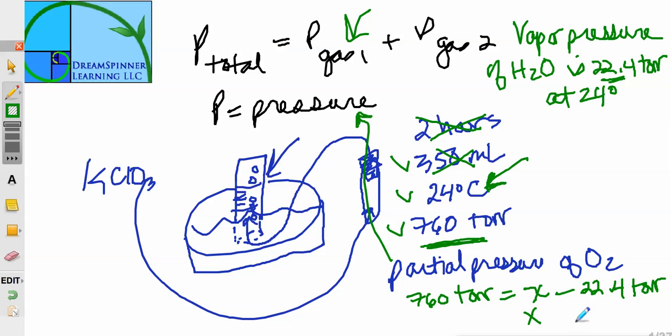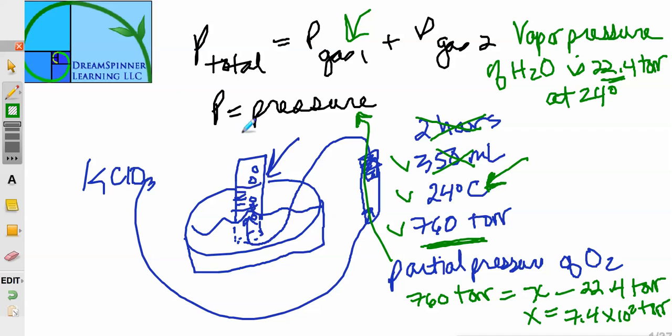X must be the pressure due to the oxygen, since pressure gas 1 plus pressure gas 2 equals pressure total. X would equal 760 minus 22.4 torr, which is 7.4 times 10 to the 2 torr, which you can convert to atmospheres if you want.